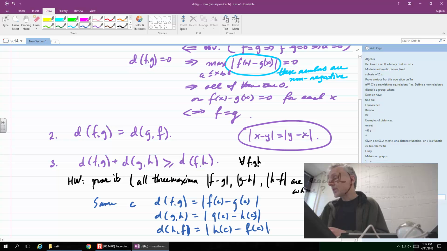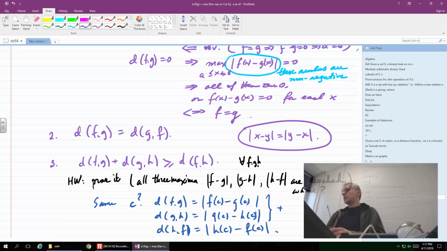So if it's the same value, then it becomes a matter of why the sum of these is larger than or equal to the third number. That is simply like the triangle inequality for real numbers, right?